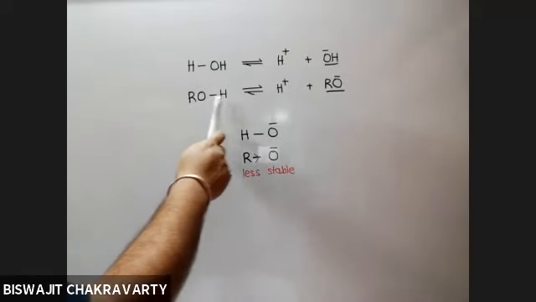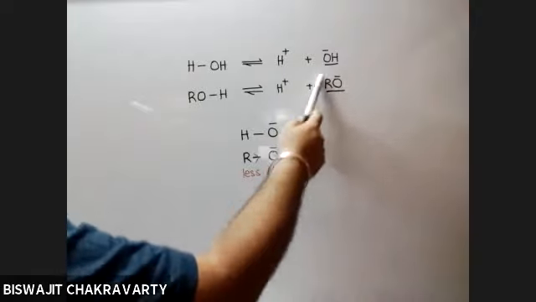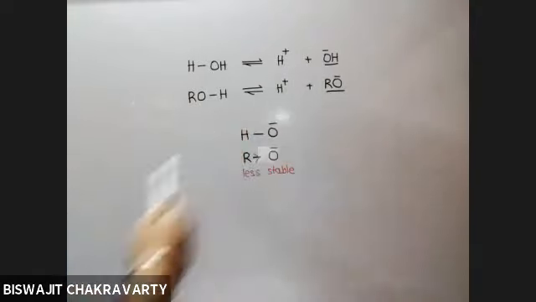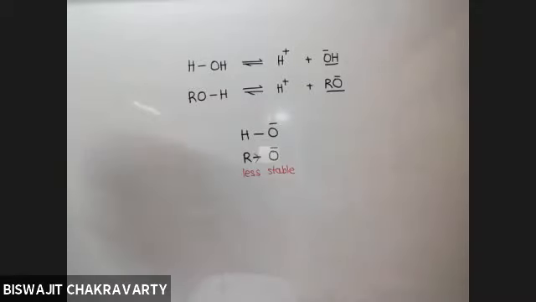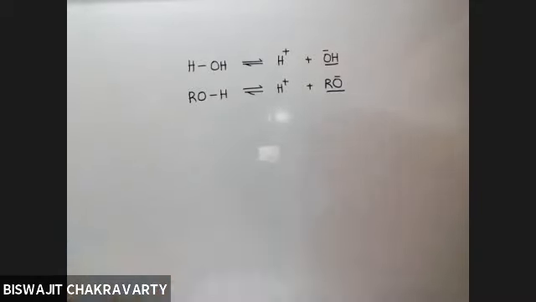So if I say alcohol, don't break down, because if you break down, it will lead you to a very unstable species, its tendency to break down will be low. So who has higher tendency of breaking down to give H plus? Water. So accordingly, who will be more acidic out of alcohol and water? Water. Understood? Yes, sir.